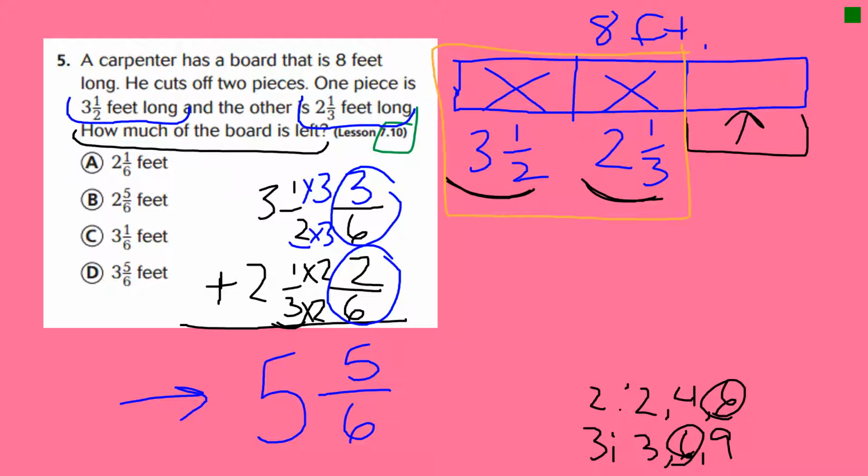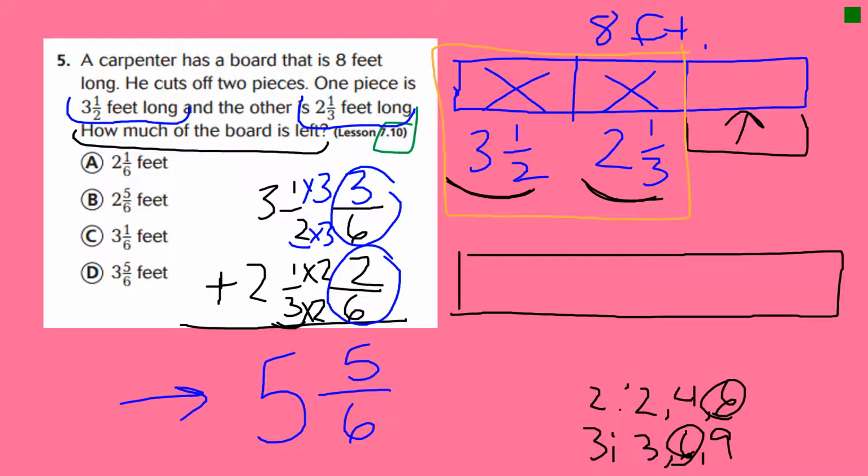So I'm going to draw another board of 8 feet. If I have 8 feet, and if I cut off 5 feet, chop, there's 5 feet. I cut that part of it off. So I still have 3 feet left over here.